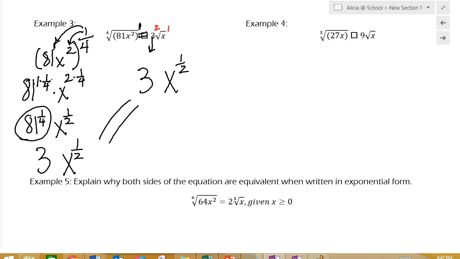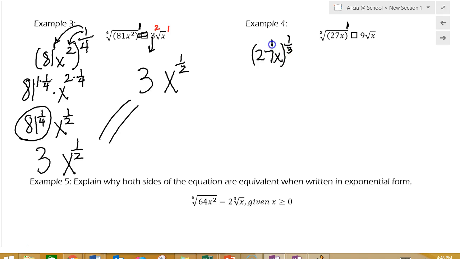Example number 4. We have to change, unfortunately, both sides because they are both in radical form. So keep in mind that the cube root of 27x is still raised to that first power. I know that exponent's not there, but it is invisible, still there. So when I rewrite this, I'm going to have 27x raised to the 1/3 power.